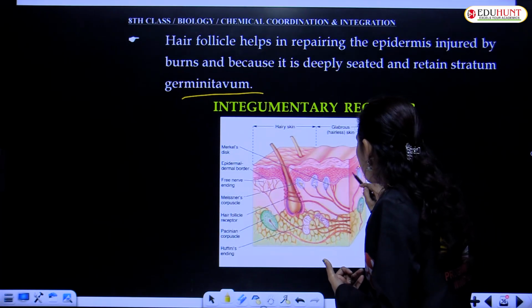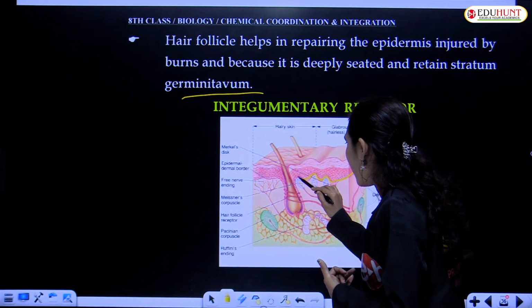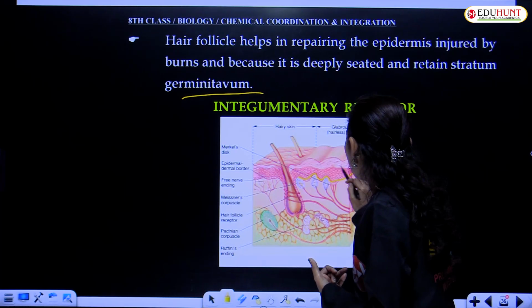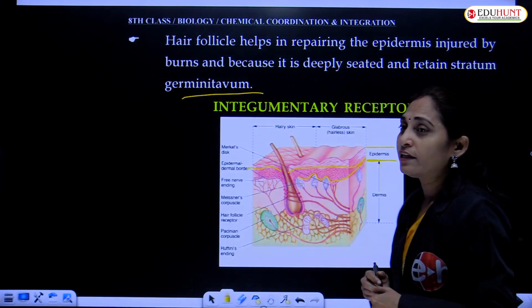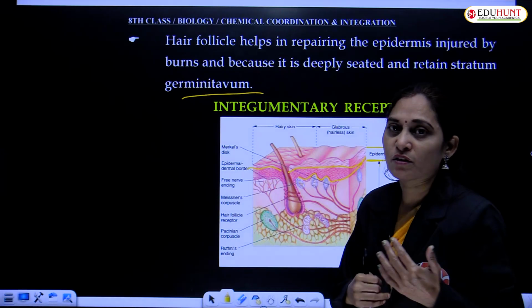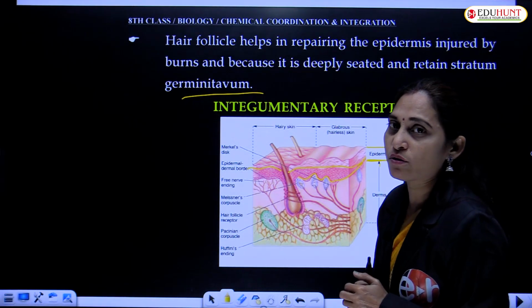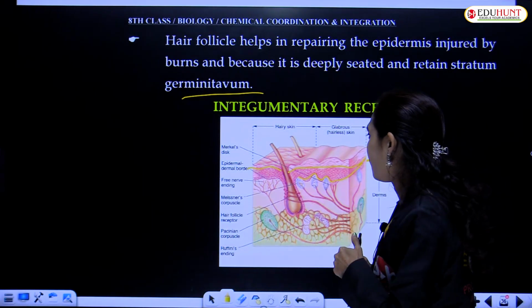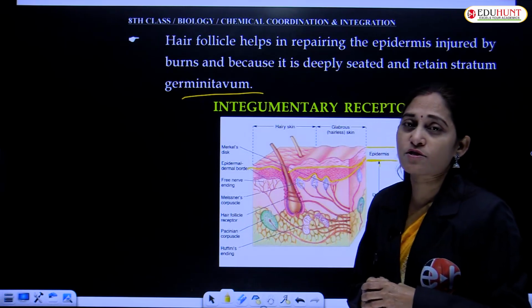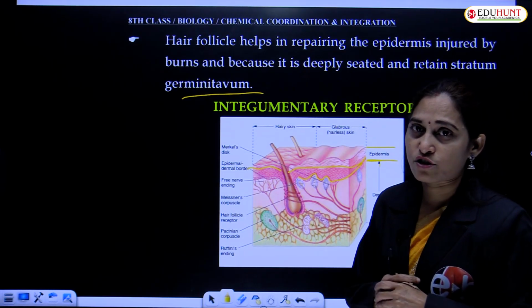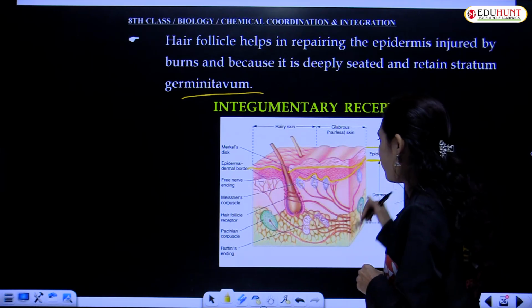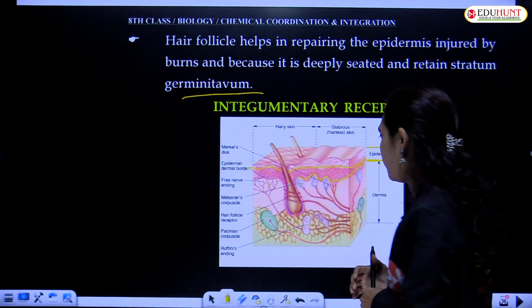The cells near the junction between epidermis and dermis produce the melanin pigment, and we know that epidermis has no vascular supply. Then how does it get its nourishment? It gets its nourishment from the dermis, the underlying layer.